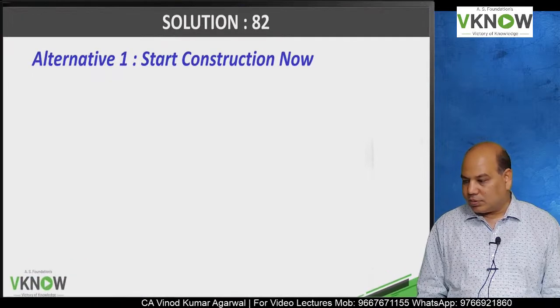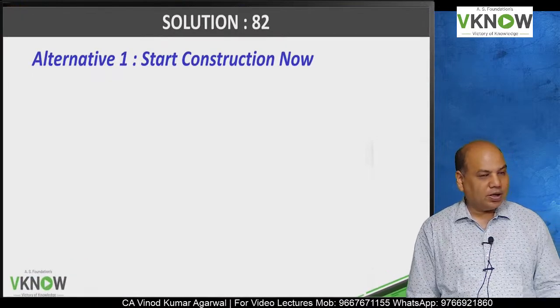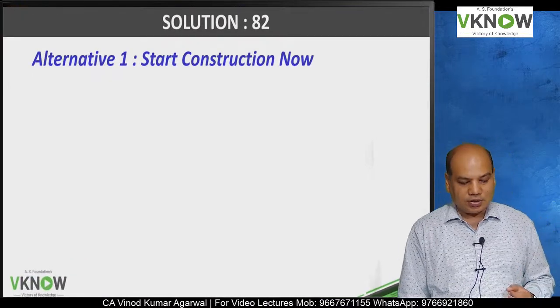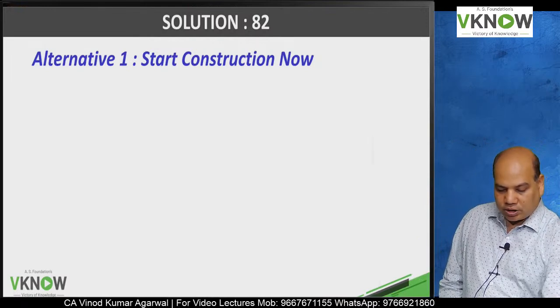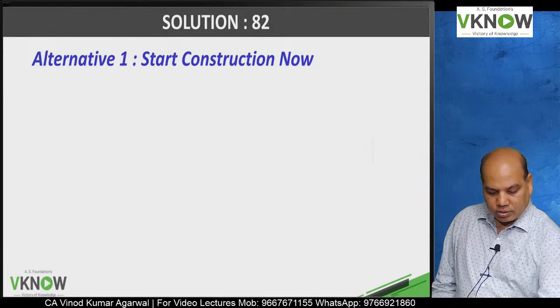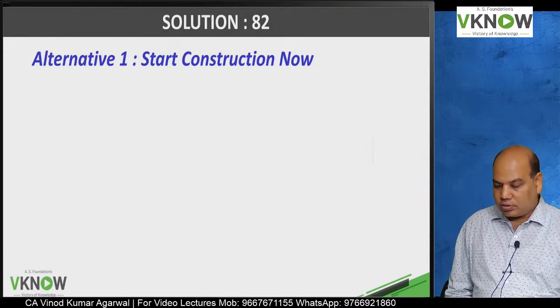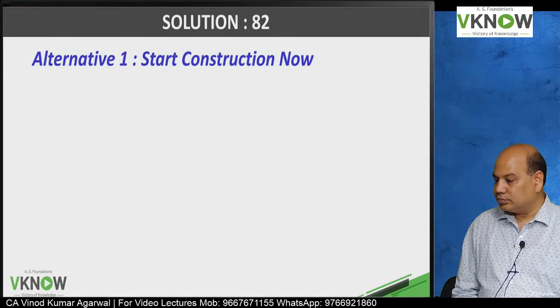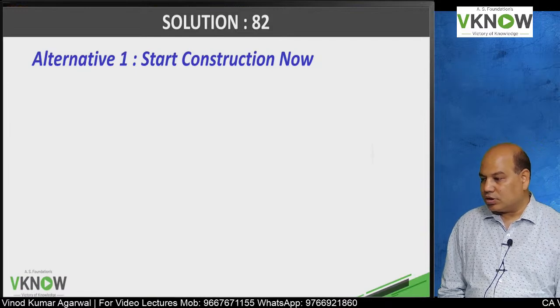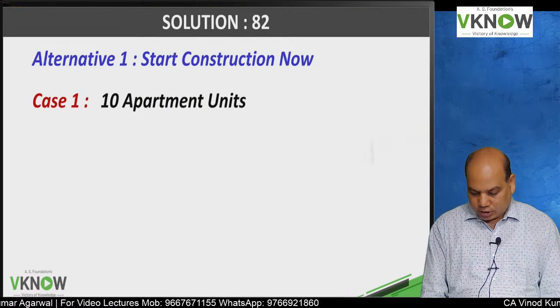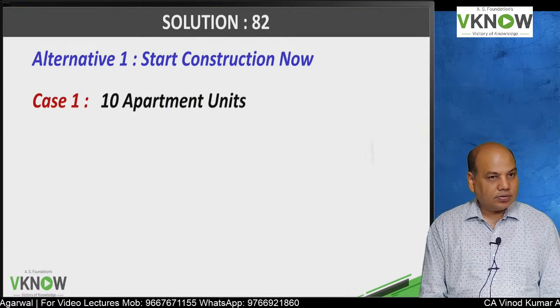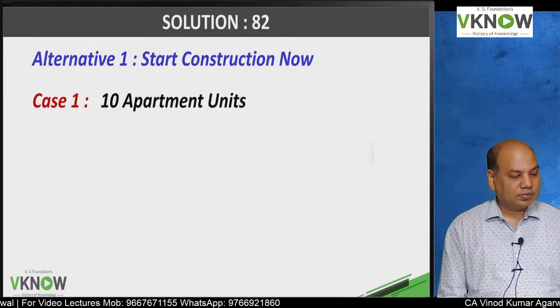So write down the answer please, and I will explain again and again while writing the answer. Everybody is ready? First write down alternative 1. Alternative 1, write down start construction now. Under that write down, and again we have two choices here.